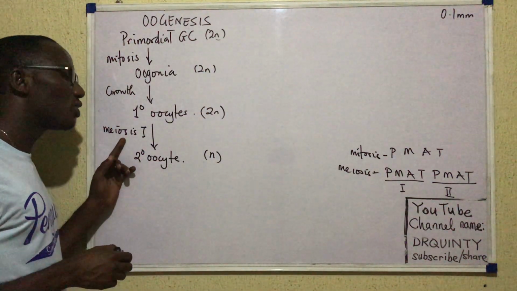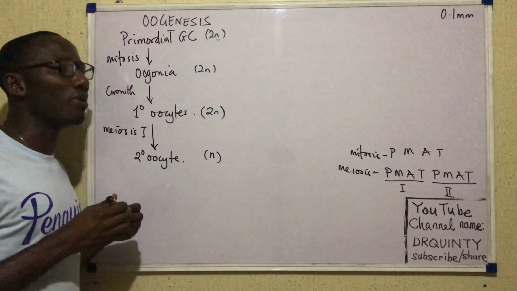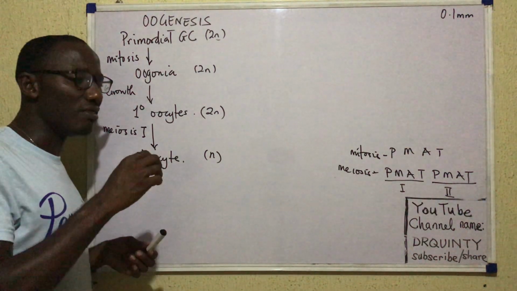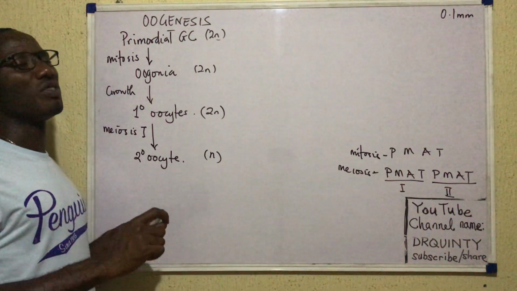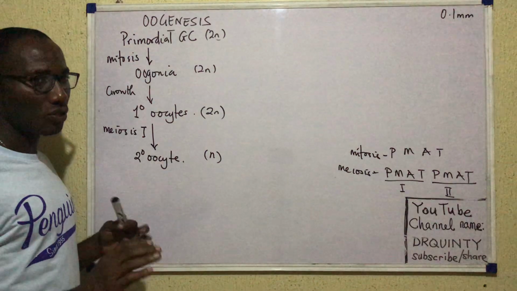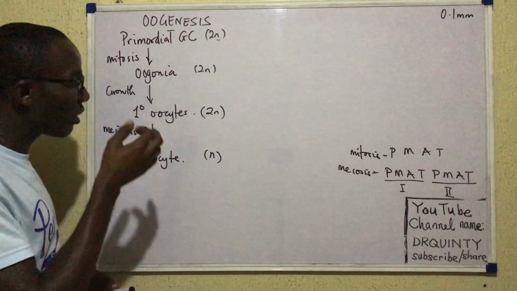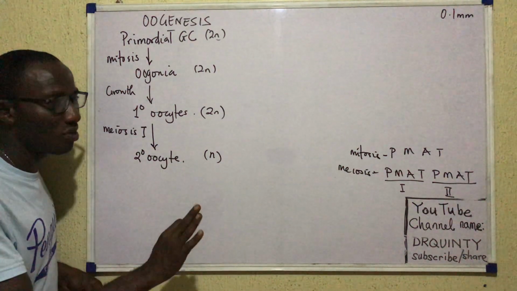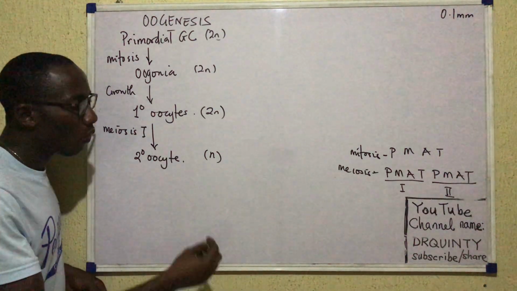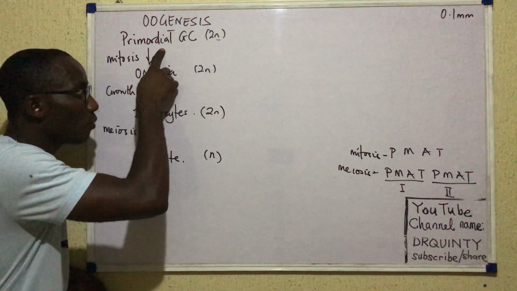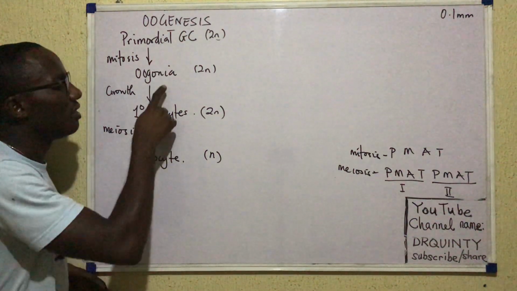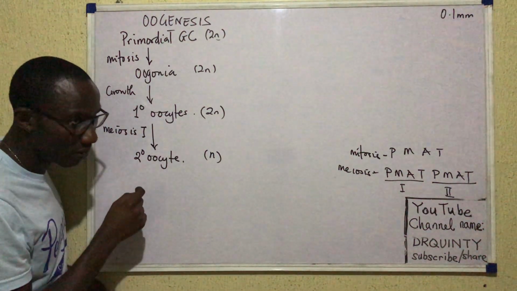Meiosis 1 is not completed in a female child until that child reaches puberty. At the point of birth and during childhood, what a female child has in her ovaries is not primordial germ cells, neither is it oogonia.